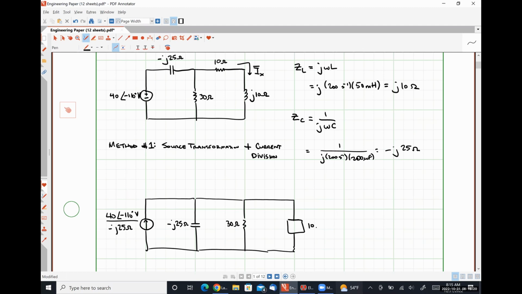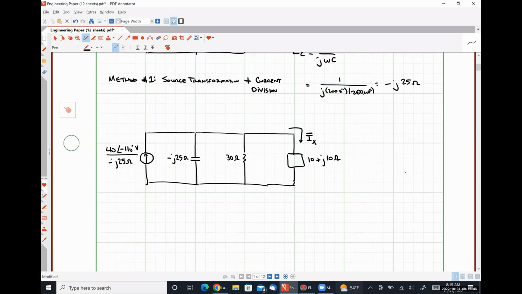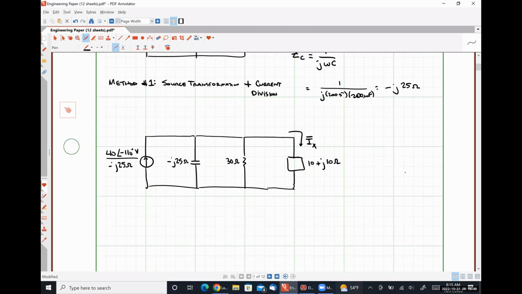We know that the impedance of this generic element is going to be 10 plus J10 ohms. So we're effectively just lumping those two impedances in series into a single equivalent impedance. And our current Ix is the current that's flowing through that 10 plus J10 ohm equivalent impedance. So from here, current division is going to be pretty straightforward.